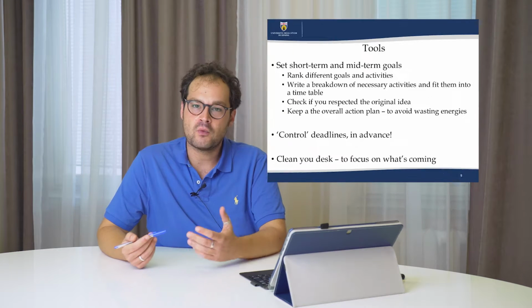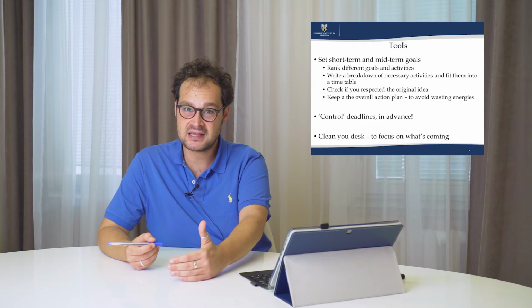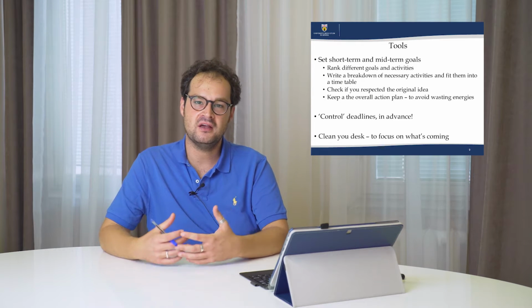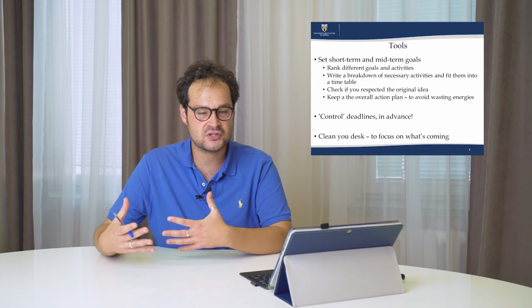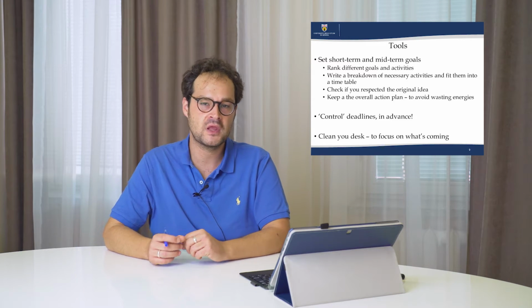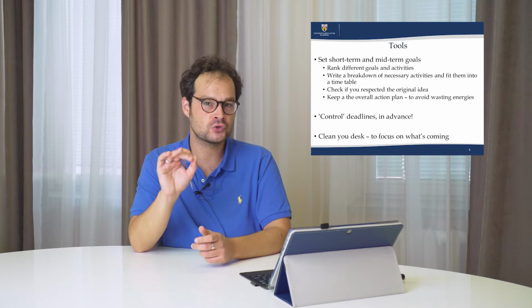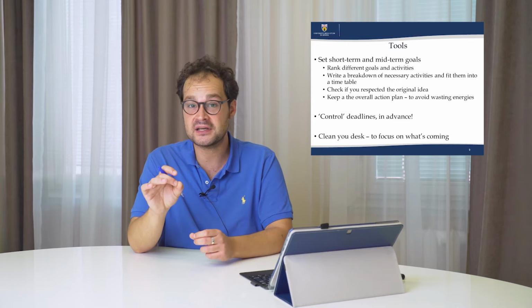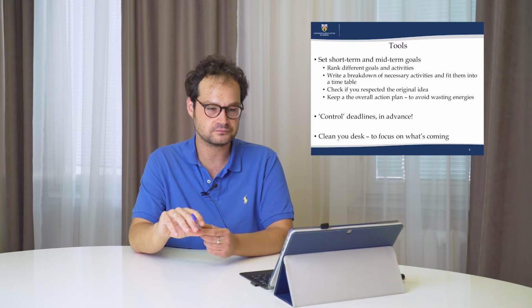For example, I want to prepare for this exam and have all the notes ready before the session, or I want to end a project at work. So you just identify short-term activities and final goals that you want to reach.